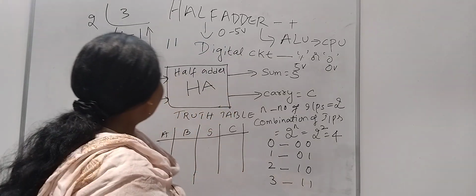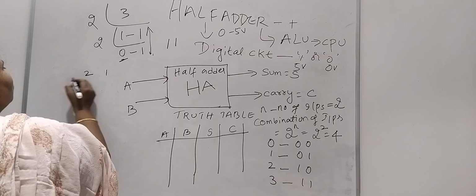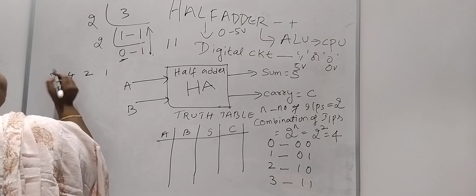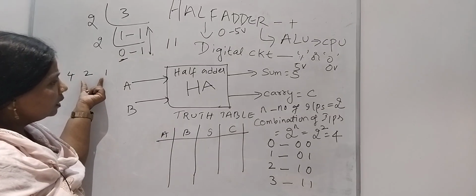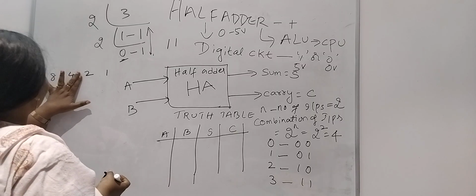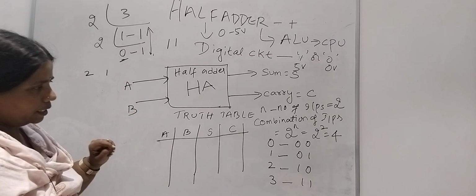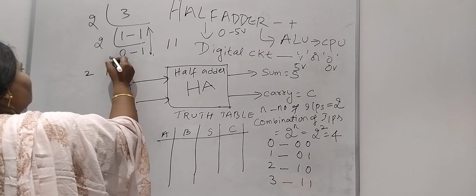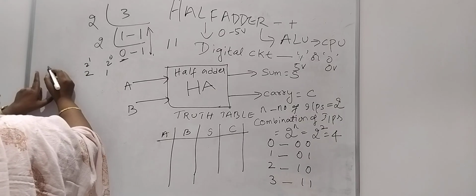Or another way is to write it down like this: 1, 2, 4, 8. 3 you should get. To get 3 in 2 bits, you take only 1 and 2. For 4 bits, you have to take 4 and 8 as well. For 2 bits, 1 and 2 only I am taking. 2 to the power of 0, 2 to the power of 1. If 4 bits are there, 2 square, 2 cube.